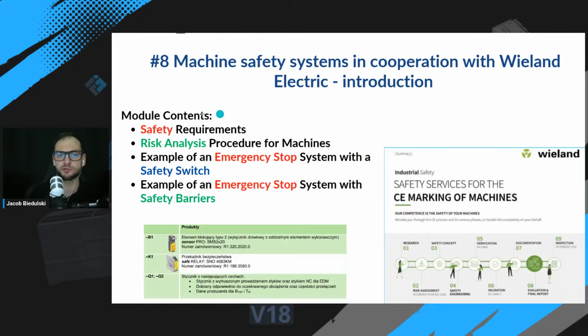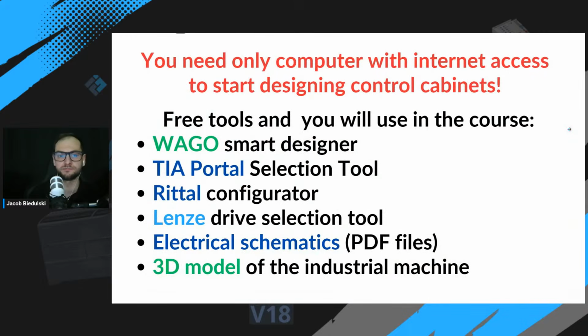So in this module, we'll talk about safety requirements, risk analysis, procedure for machines, and we'll also send you an example of emergency stop system with e-stop, with safety switch and safety barriers.